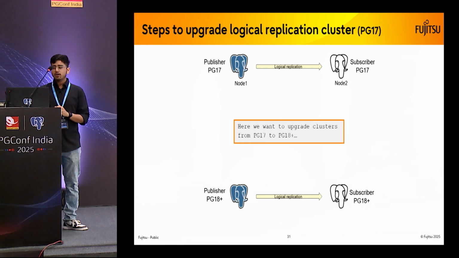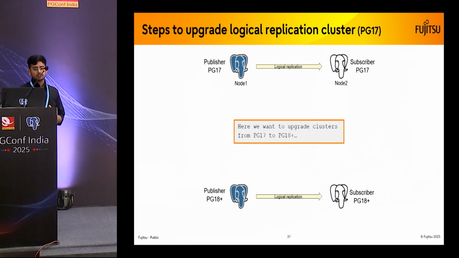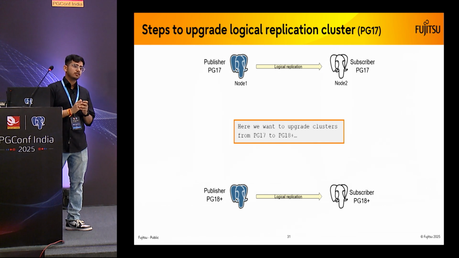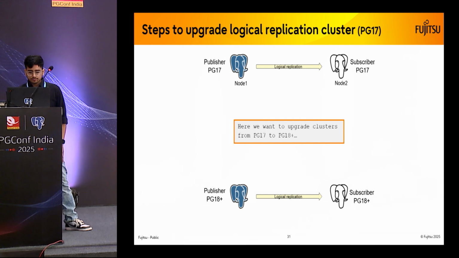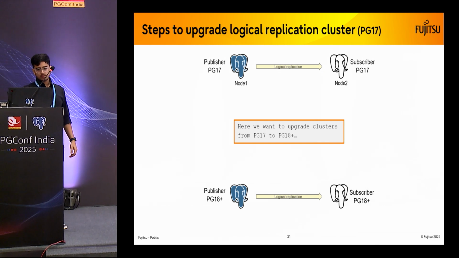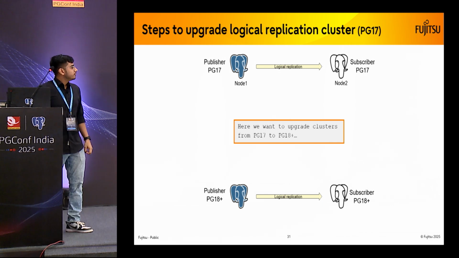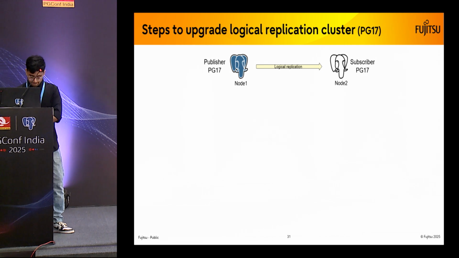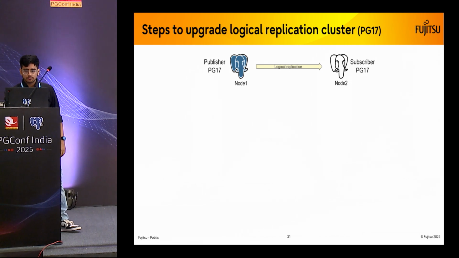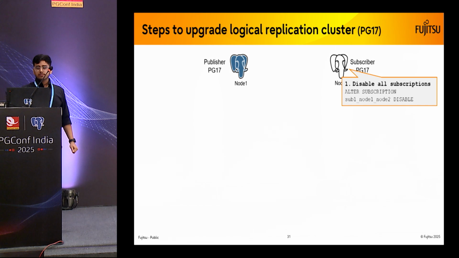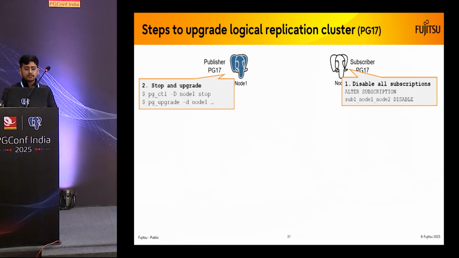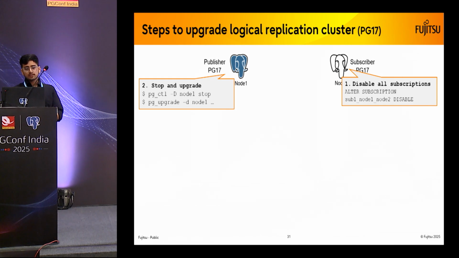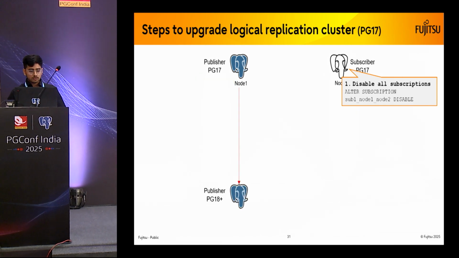Now let's see how these new features can simplify the steps to upgrade a logical replication cluster. Initially we have a setup in PG17, and we will be upgrading it to a PG18 setup. First we disable all subscriptions on node 2, and then we stop and upgrade node 1.